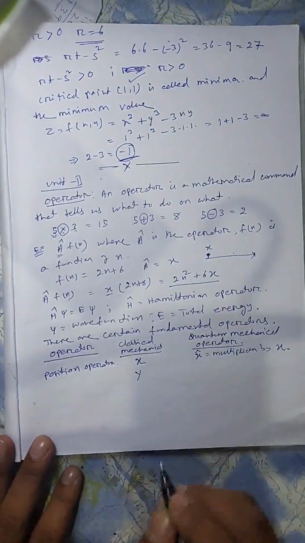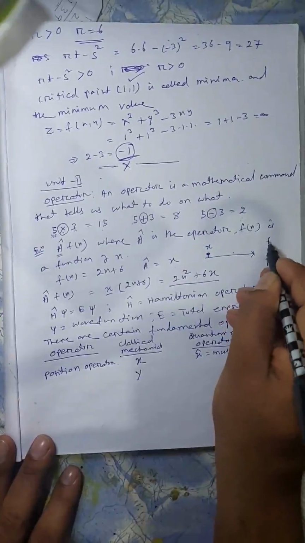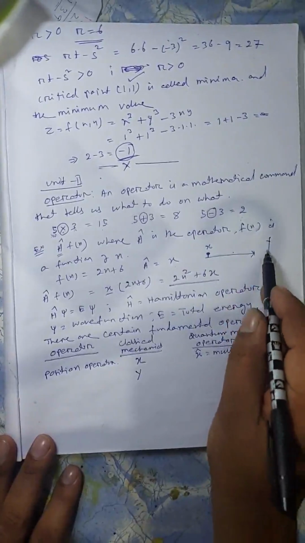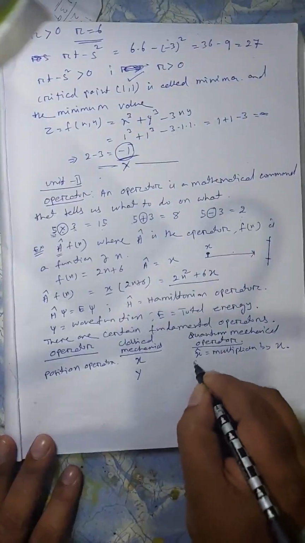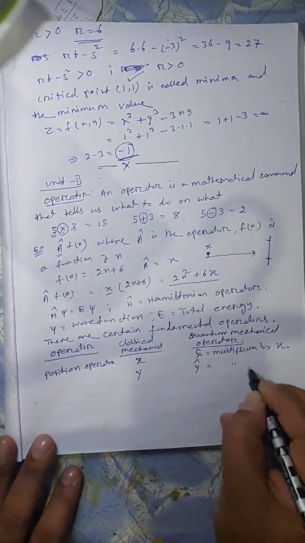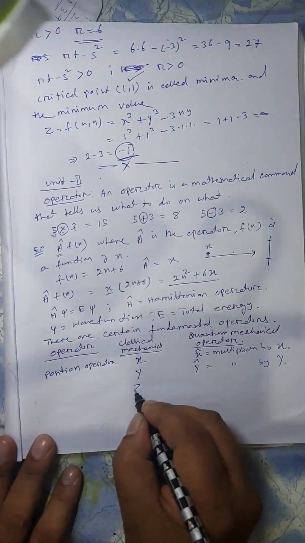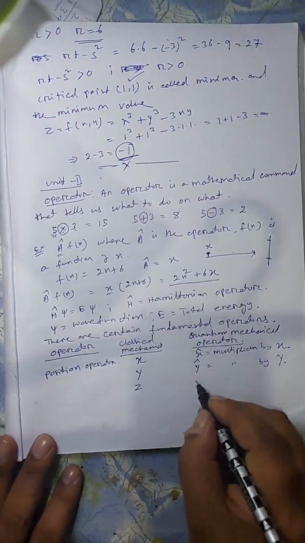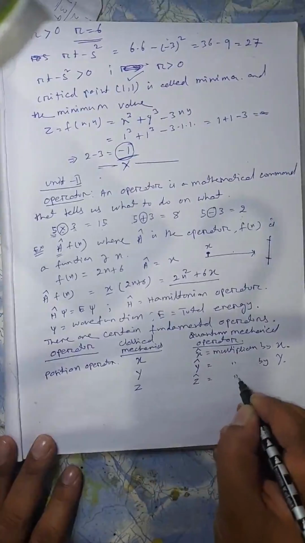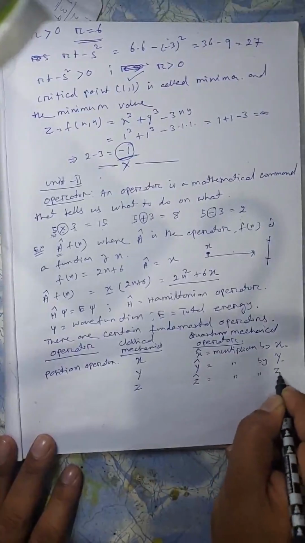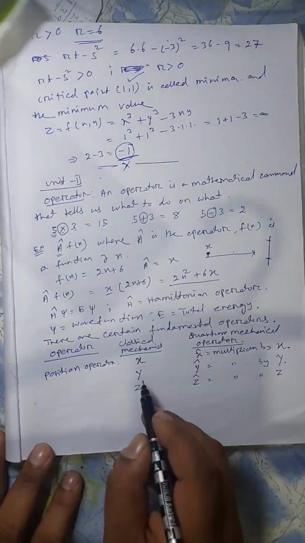Similarly for the y direction, suppose it moves from here, 1y, 2y, 3y, 3 times y. So in quantum mechanics we write y cap, and it is multiplication by y. Similarly for the z direction, in quantum mechanics we write z cap, and the operation means multiply by z. This is called the fundamental operators in quantum mechanics.